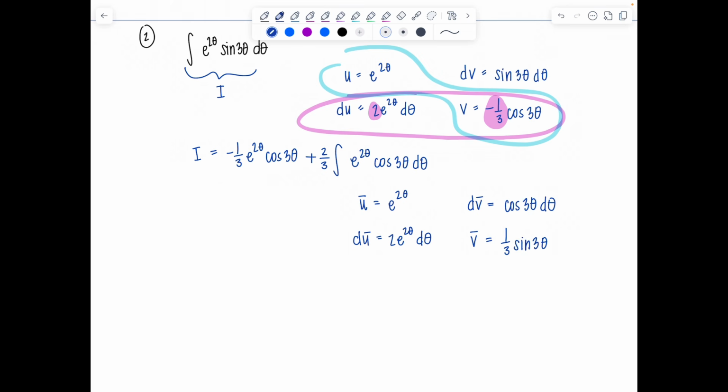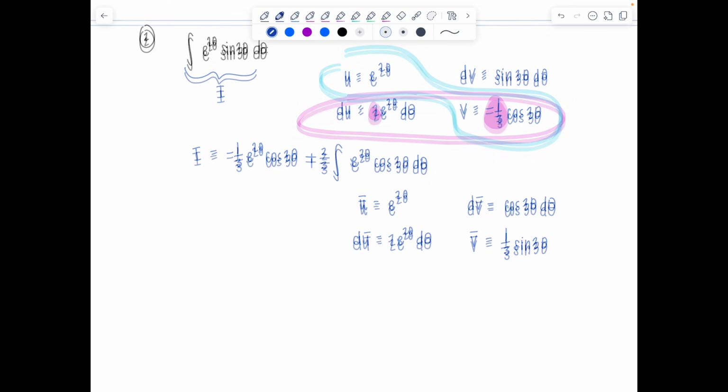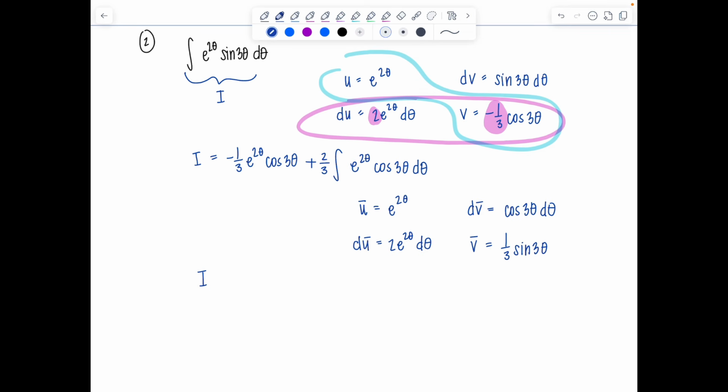Okay, perfect. Also, keep in mind, I'm putting these little bars because we already used up u and v earlier, assigned them to be something, so in the next round you want to indicate that something different's going on. Okay, so here we go. I equals negative 1/3 e to the 2 theta cosine 3 theta plus 2/3 times.